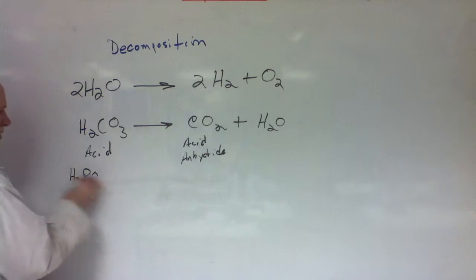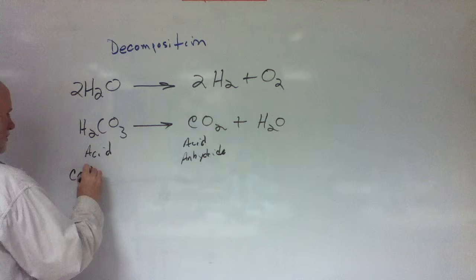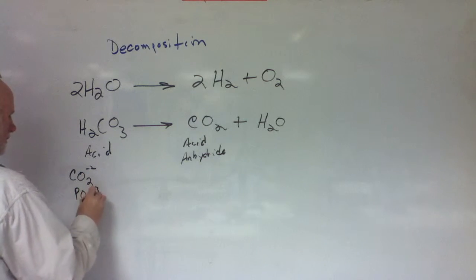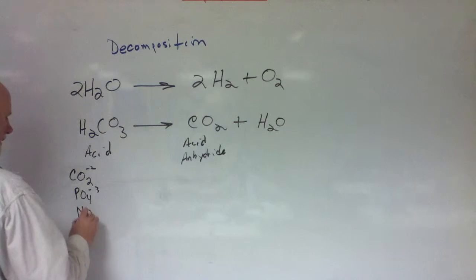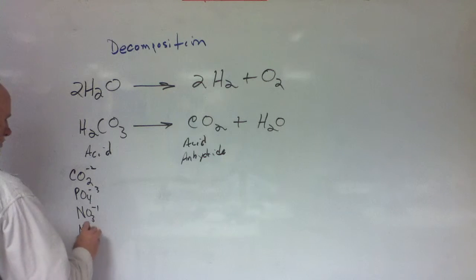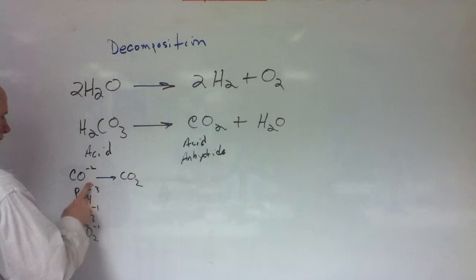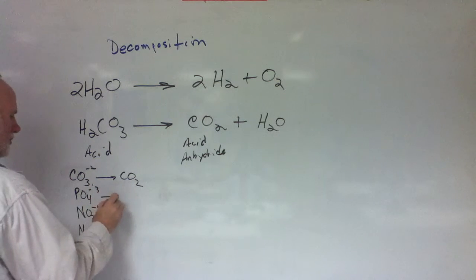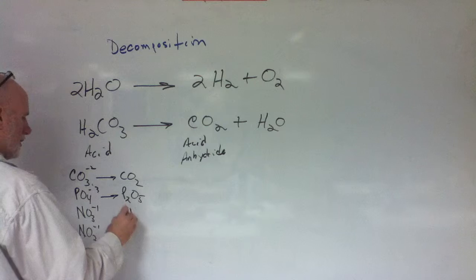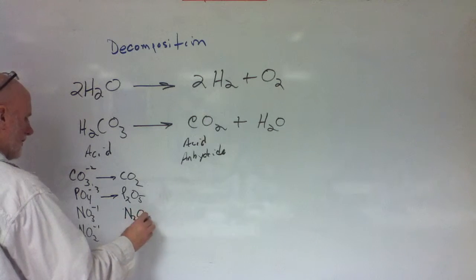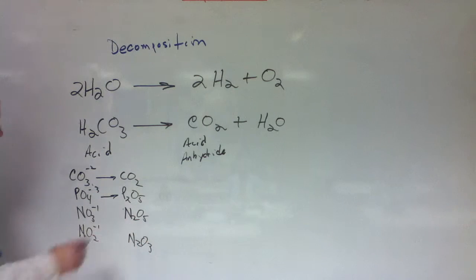So CO3, PO4, NO3, NO2. This goes to CO2, sorry. This goes to P2O5. This goes to N2O5. This goes to N2O3. So these are the corresponding acid anhydrides.